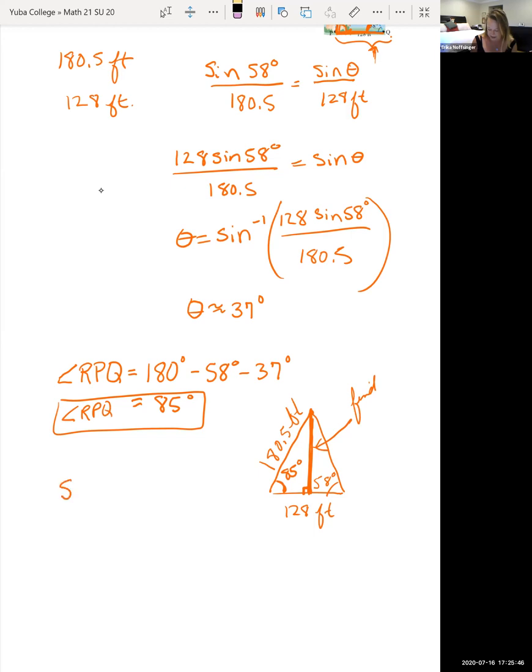So sine of 85 degrees is equal to the opposite of that, maybe call this x, all over the hypotenuse, which is the 180.5 feet. So we can figure out what x is by multiplying both sides by 180.5. So x is equal to 180.5 sine of 85 degrees.